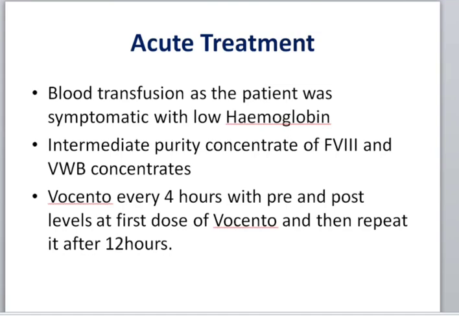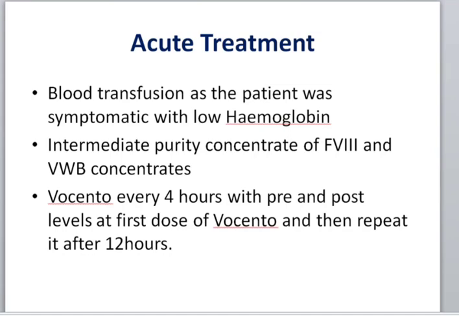In this particular case, both factor 8 was low and von Willebrand was low. So for such cases, we usually prefer intermediate purity concentrate. The widely available one in our trust is Voncento, which contains both factor 8 and von Willebrand concentrate, and we give it to the patient.